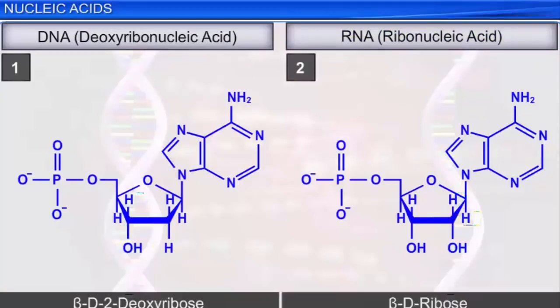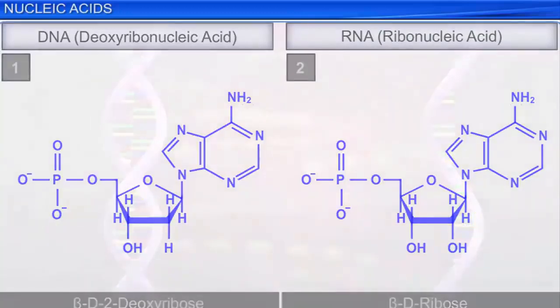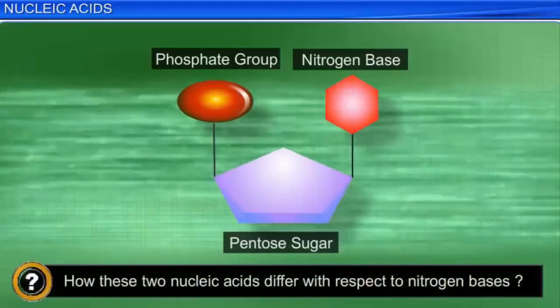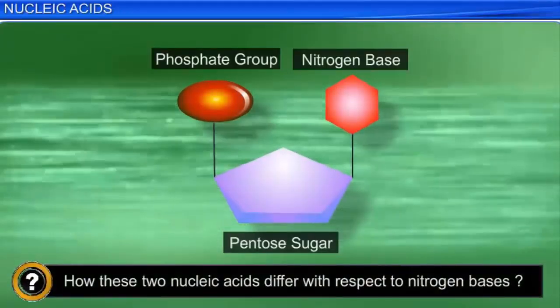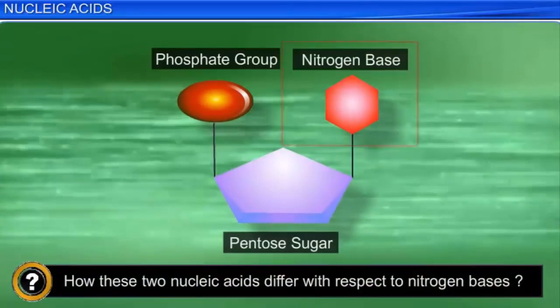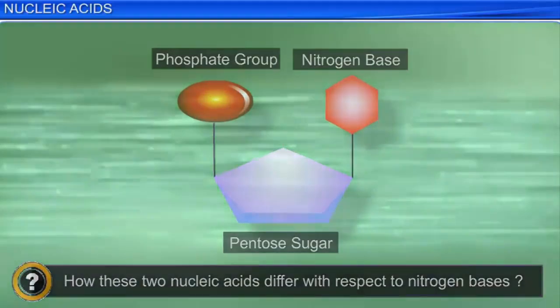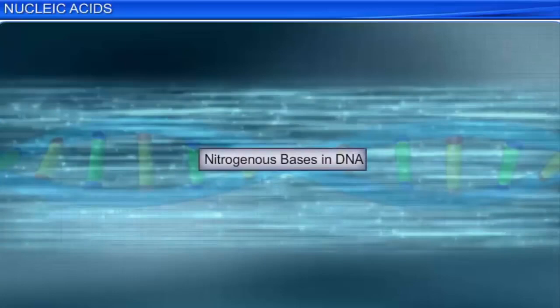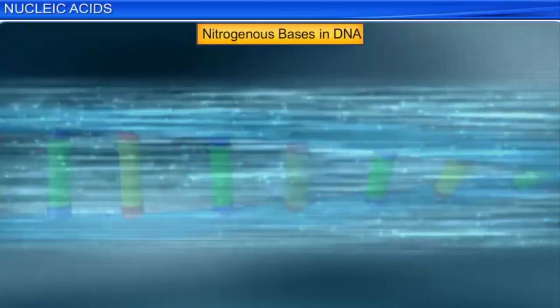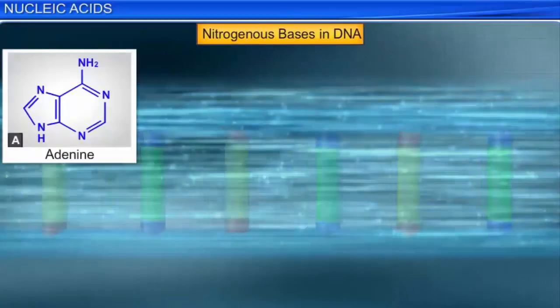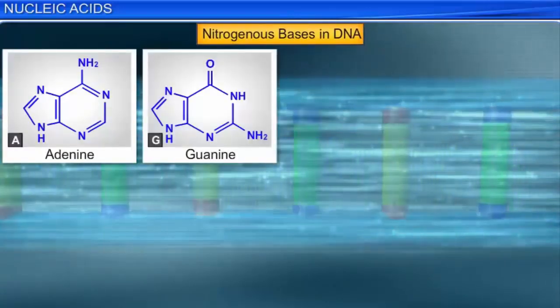Let us now look at how these two nucleic acids differ with respect to nitrogen bases. There are 4 nitrogenous bases present in DNA: adenine, guanine, cytosine, and thymine.